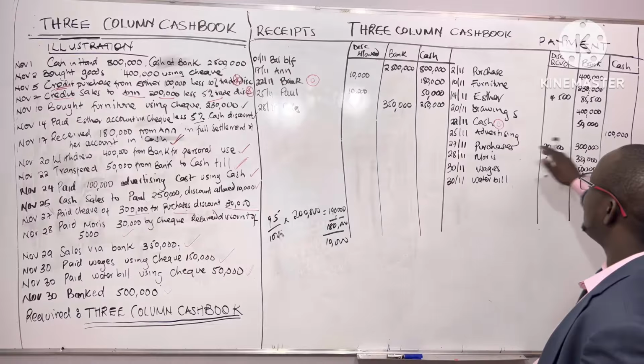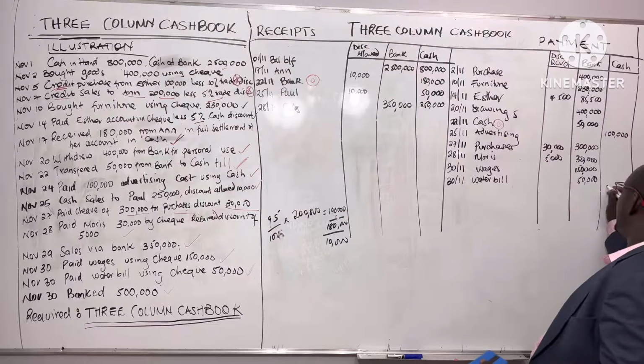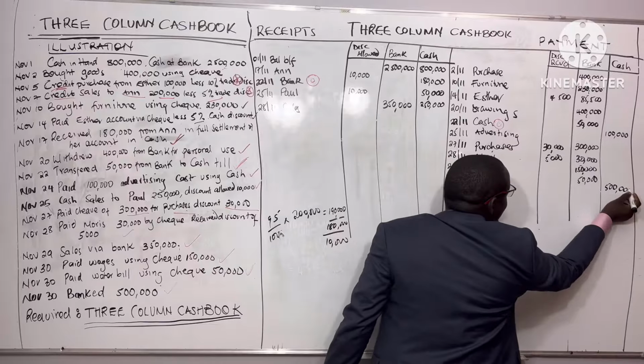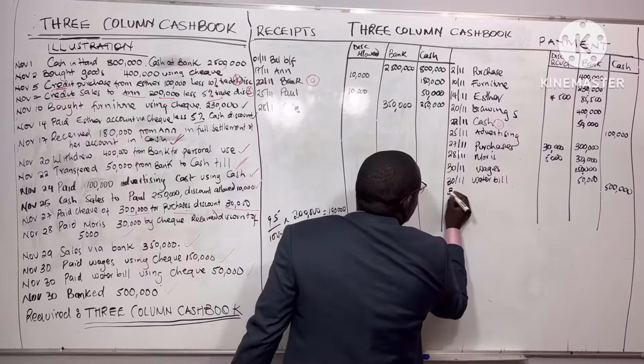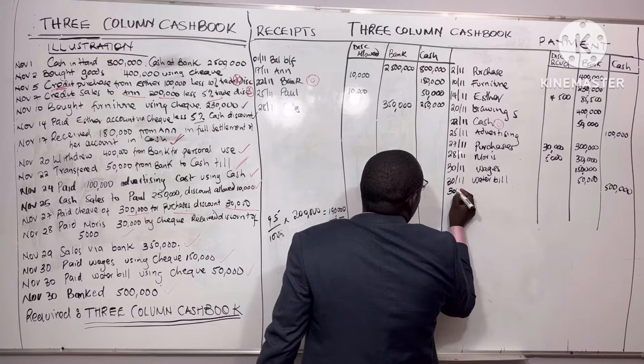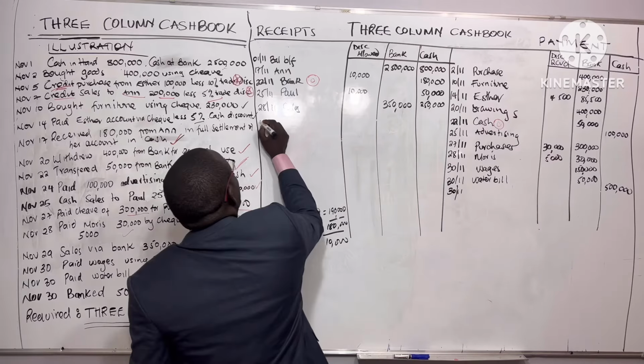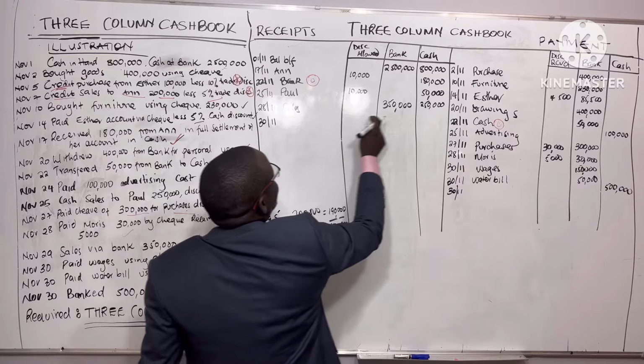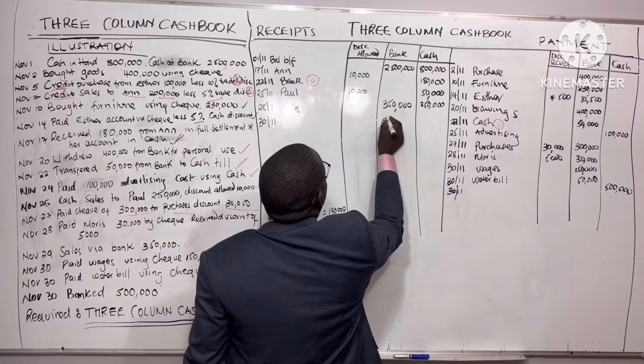So let us bank the money. We withdraw 500,000 here, 30th November. Then here, 30th November, we take to the bank 500,000.